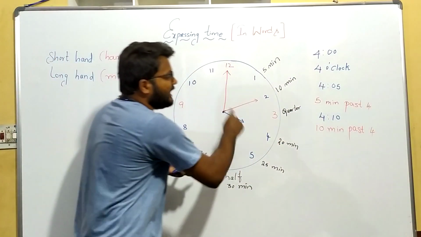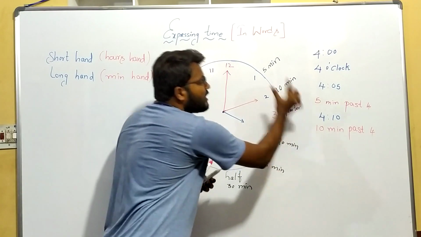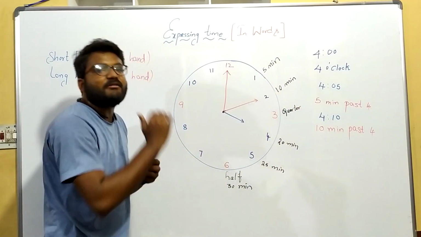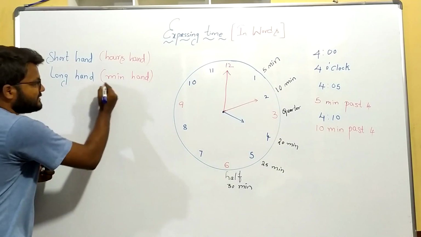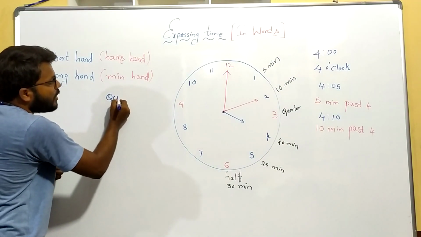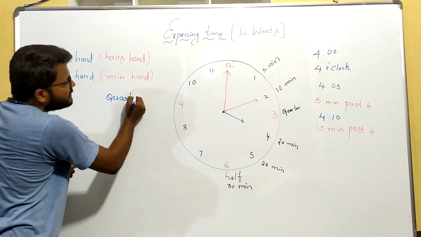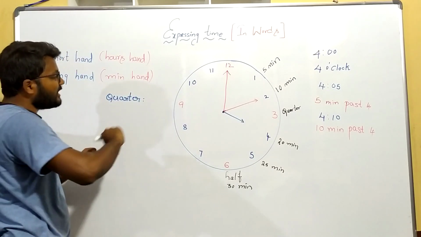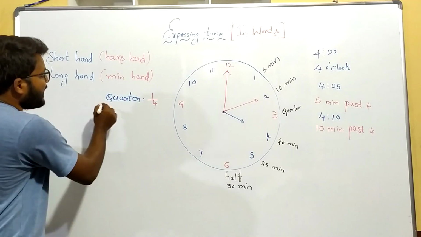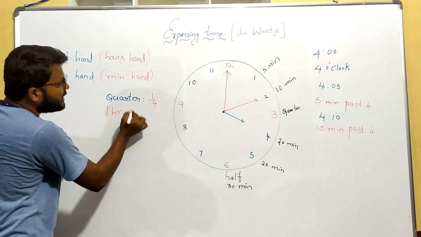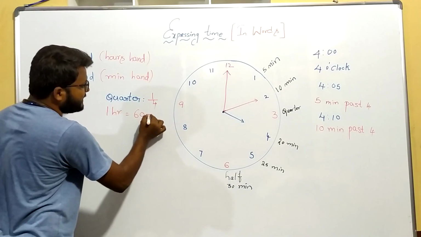Now comes 3. I mentioned here quarter. Why did I mention quarter? Let us come to fractions. In fractions, quarter means what? Quarter means 1 by 4th part of the total. Now 1 hour is equal to how many minutes? 60 minutes, right?